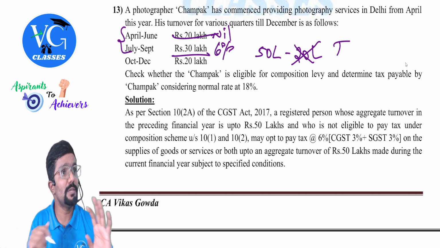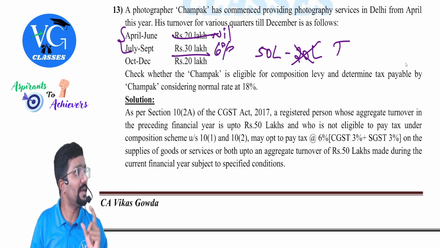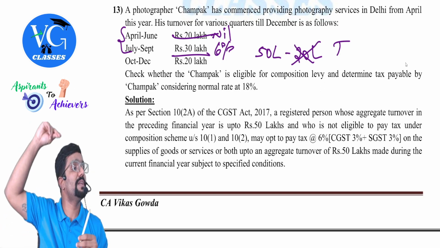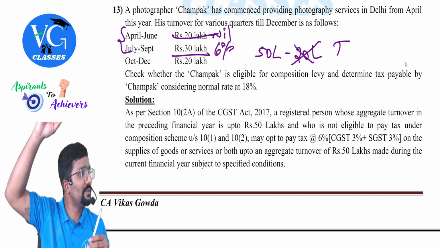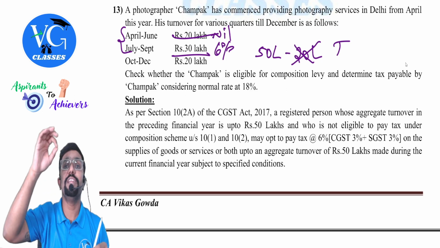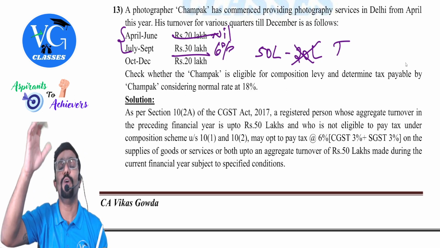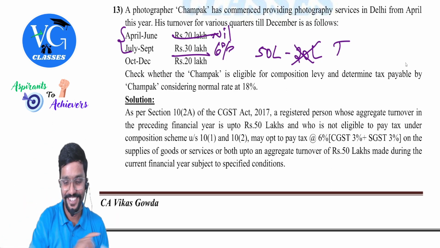But while checking eligibility, should I count the 20 lakh also? Yes. Clear? For eligibility, will you follow Explanation 1 or Explanation 2? Explanation 1. For paying tax, Explanation 2.